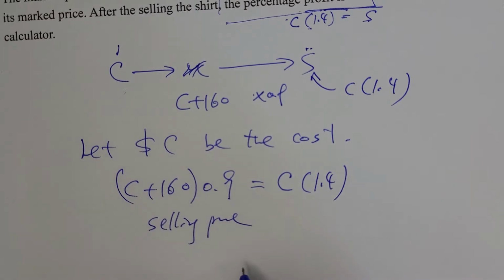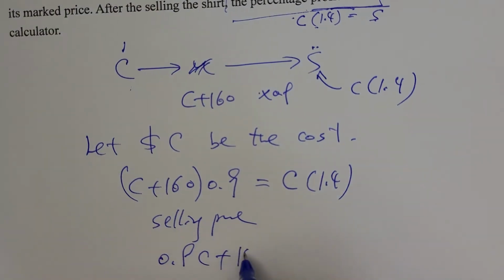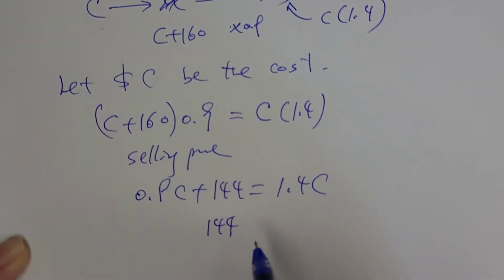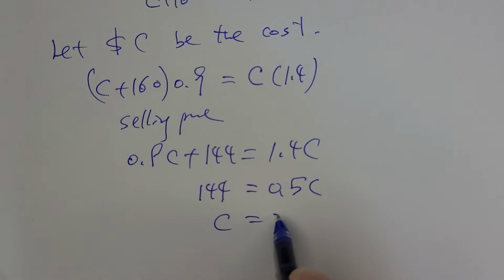Multiply 0.9 inside, 0.9C plus 144 equals 1.4C. So 144 will equal 0.5C, and you can get C, that is 288.